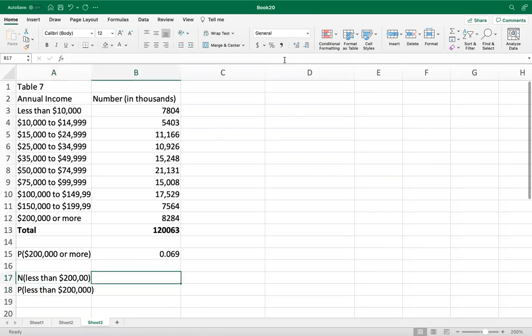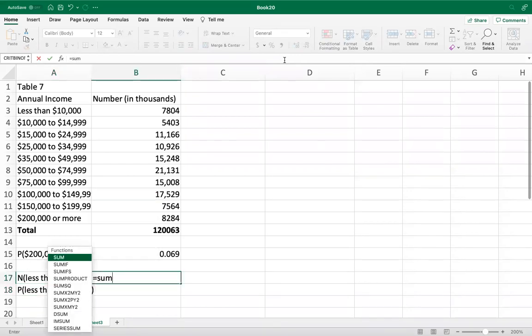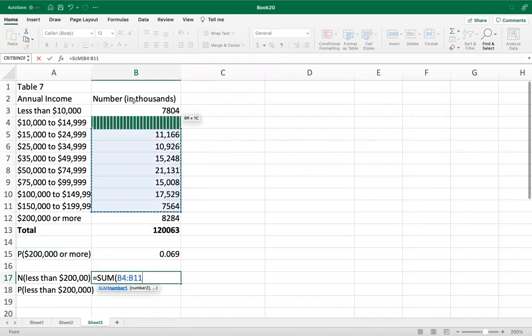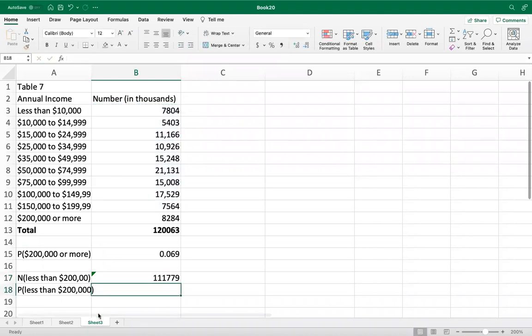All right, so the number of less than 200,000 is going to be the sum of all of these here. So now the probability of less than 200,000 is going to be equal to this value here divided by the total. And we have that.